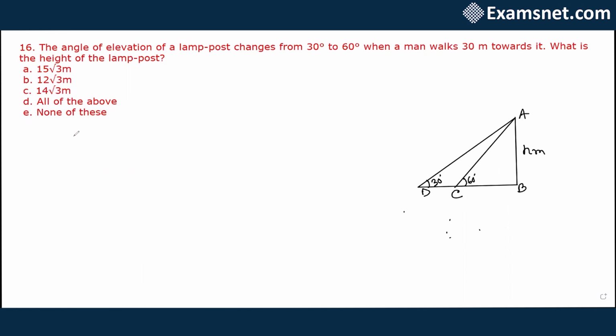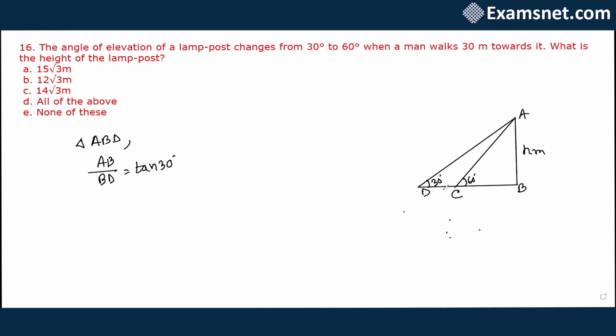Okay, so first consider the triangle ABD, the larger one. So from here we can write AB by BD as tan 30 degree.